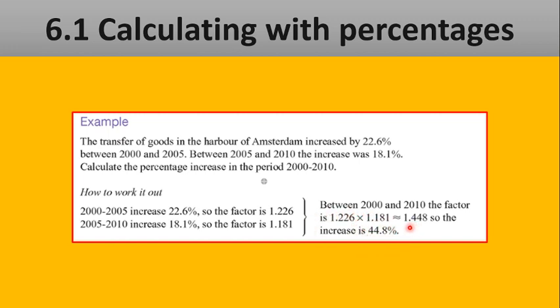So you do minus 1 times 100. The book isn't really clear about that in this calculation, but you do 1.448 minus 1 times 100%, and it leaves us with 44.8%. Again, if you want to take a look at some more examples, take a look at the other video that I've published about chapter 6.1.